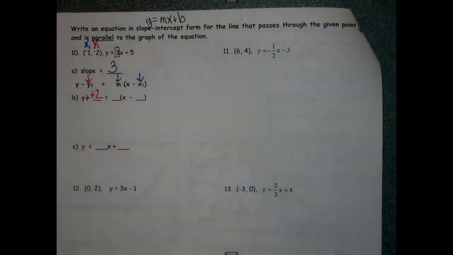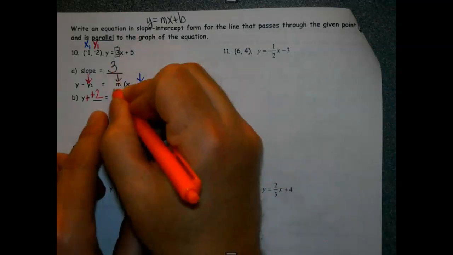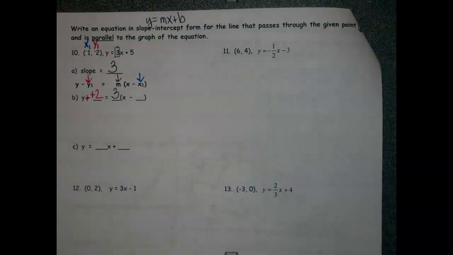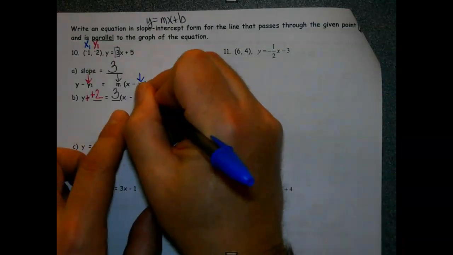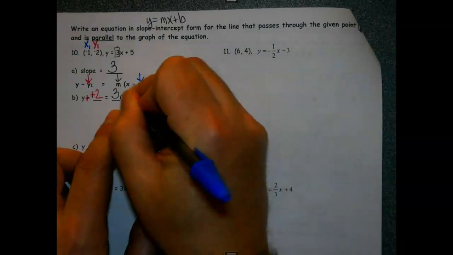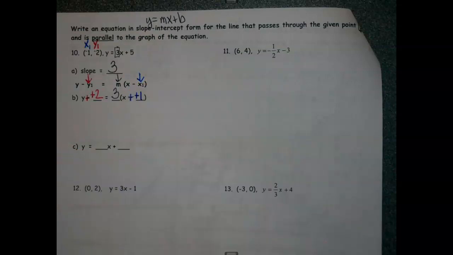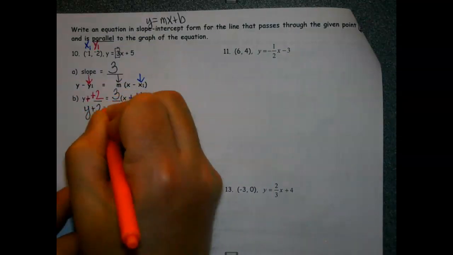That won't be true every time, but it seems to happen a lot. Equals m, my slope, x minus x1, but minus a negative, again, becomes plus. Now, myself, I'm going to rewrite this for a minute so it looks a little more normal.